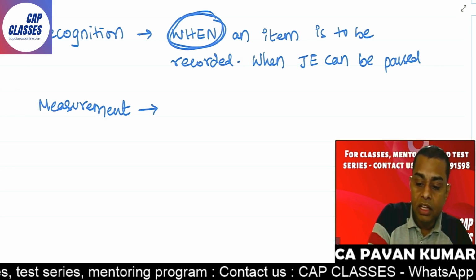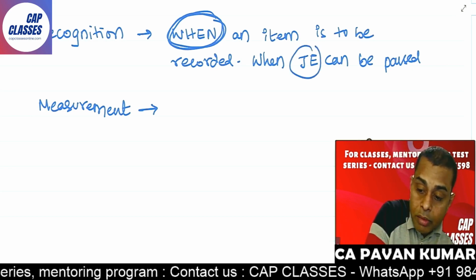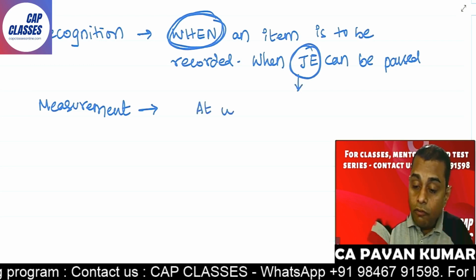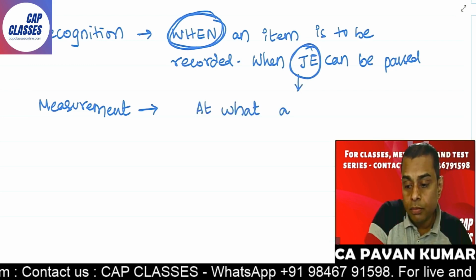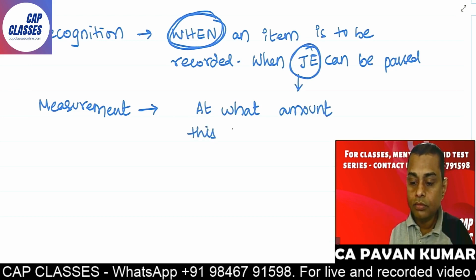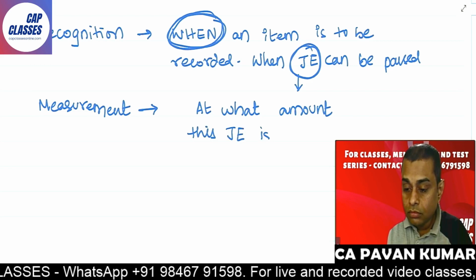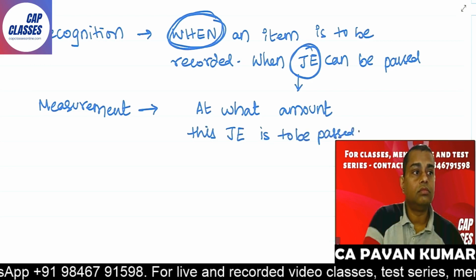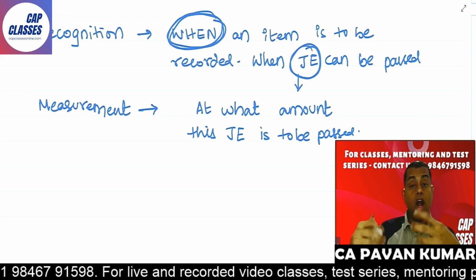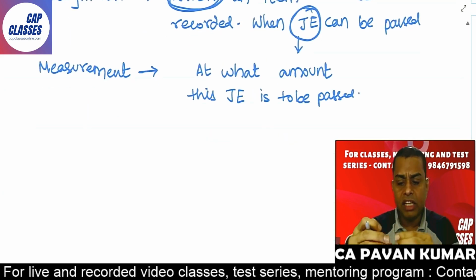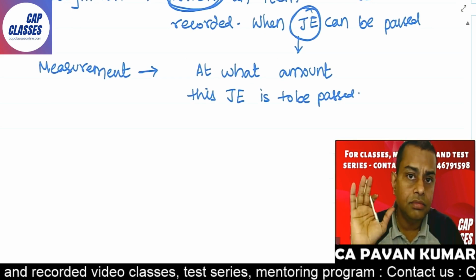Measurement deals with this journal entry is to be passed now. This journal entry at what amount this journal entry is to be passed. So imagine, recognize asset.